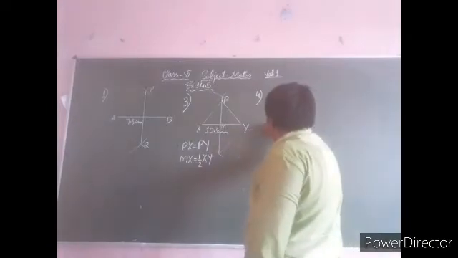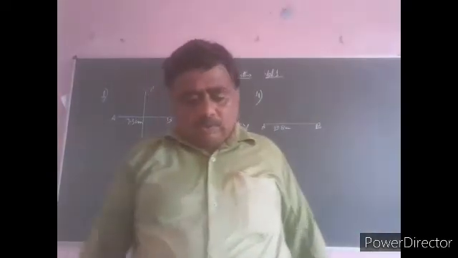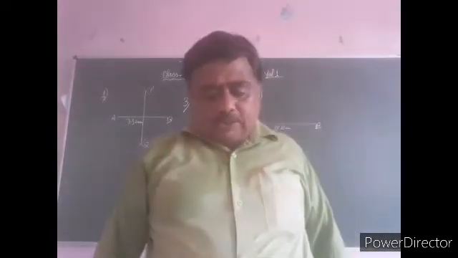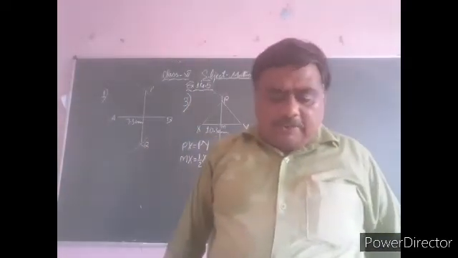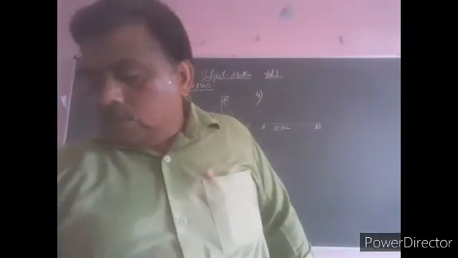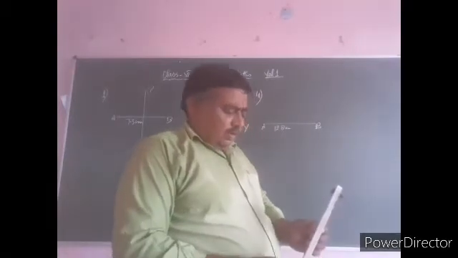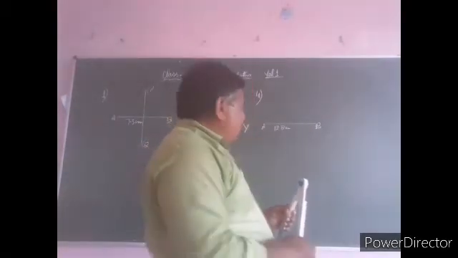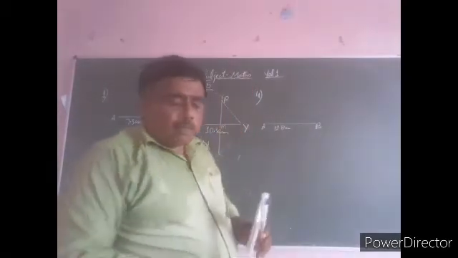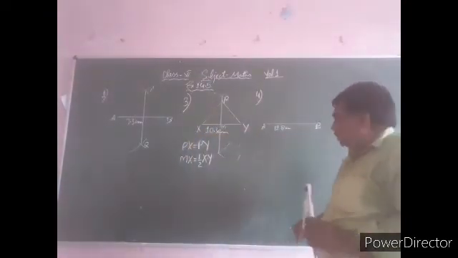This is A, B. Using compass, divide it into 4 equal parts. So first of all, find out the perpendicular bisector. Step number 1.